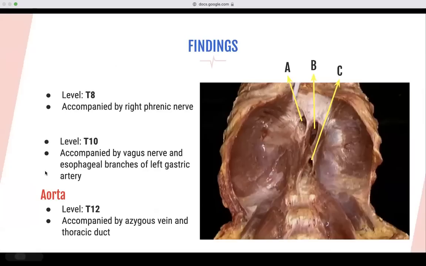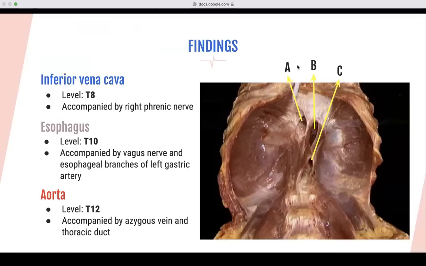Now we have these openings. It's very important to know them. You need to identify which one again, but now on a cadaver. So can you identify which one's the aortic, which one's the esophageal, and which one's the inferior vena cava?